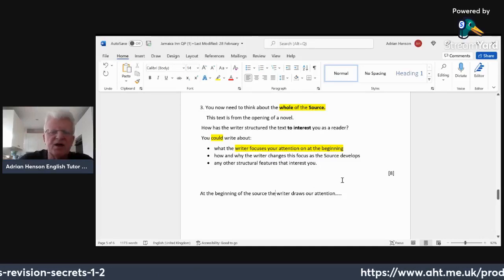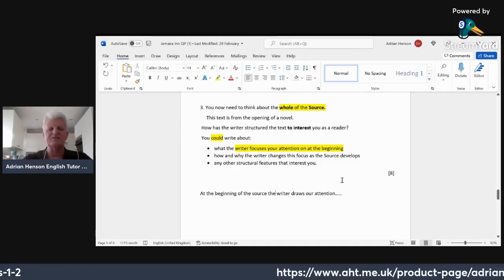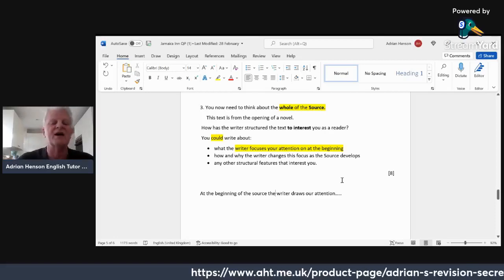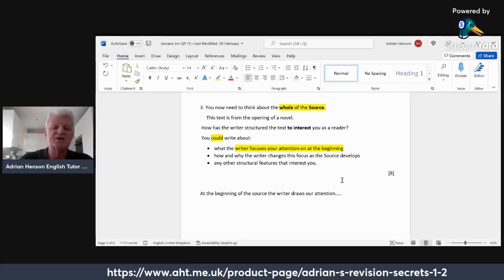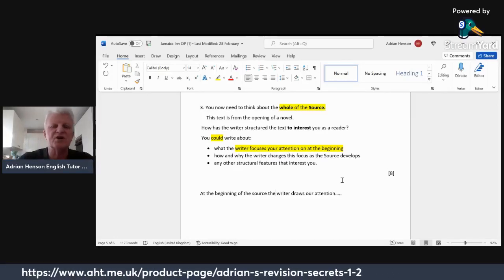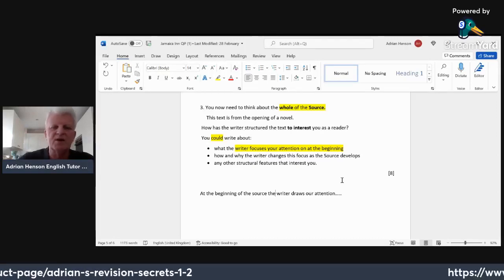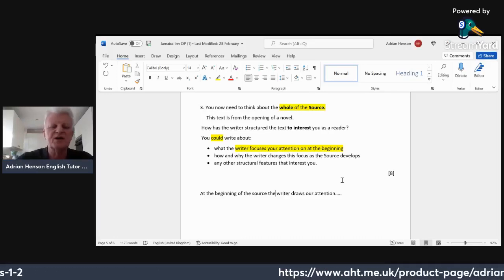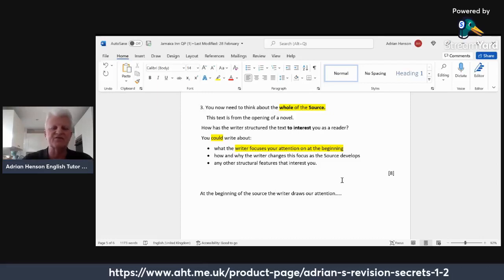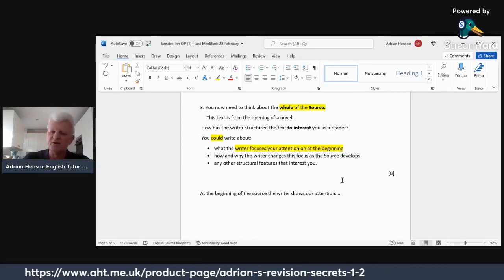The Daphne du Maurier extract is not a contrived extract. And what I mean by that is the extract is actually a genuine start of a story. Some of the other extracts that come later on in the AQA Language Papers 1 were short stories, and they have been annotated and changed, and things have been taken out and things have been put back in. So there are contrived extracts.